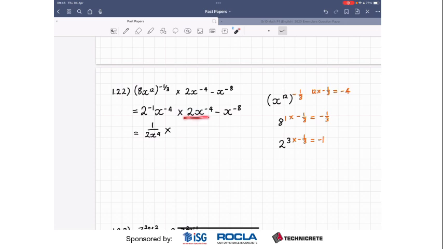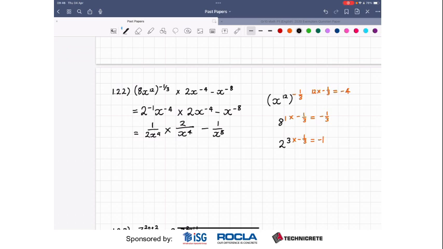For this next part, the 2 is still raised to a positive 1, so that's going to stay in the numerator. It's only this x that's raised to a negative power that's going to move to the denominator. So for this one, I have 2 staying at the top, and then I've got x to the positive 4 at the bottom, and then this one is going to be 1 over x to the positive 8 now.